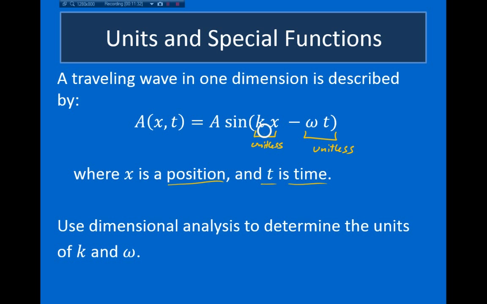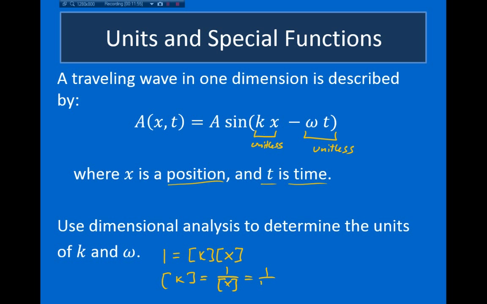So let's see what that means. So unitless, we typically just represent that as a 1 when we do dimensional analysis. So we see that 1 is equal to the units of k times the units of x. Now I know that x is a position, so it must be measured in meters. So we see that the units of k are equal to 1 divided by the units of x.